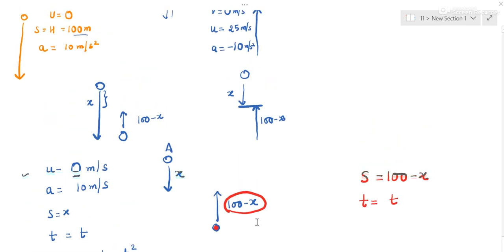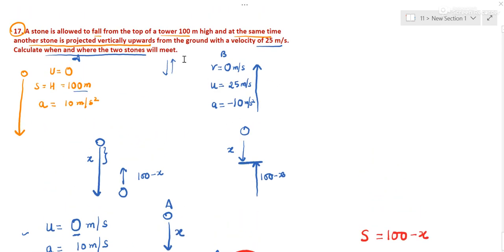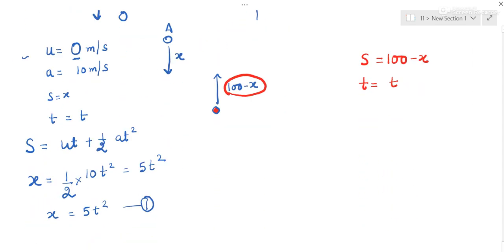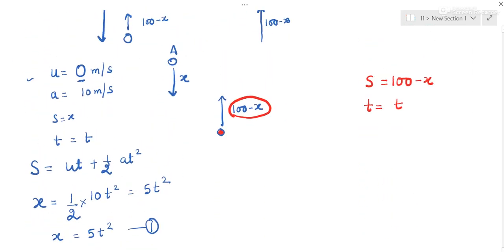And one detail that you can see here is this: it has been thrown up with a velocity of 25 meter per second. Second stone, which is going up, so u is also there. And it is going opposite to gravity, so it will be minus 10 meter per second square acceleration.